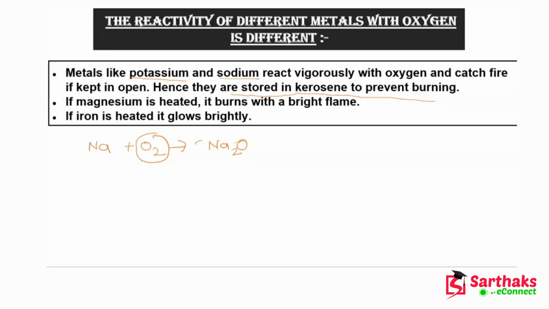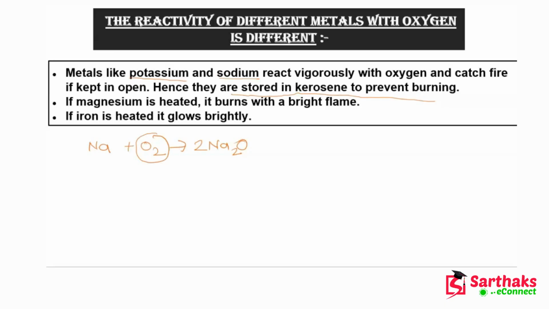So if I multiply here with 2, you can see the number of oxygen on both sides is equal now. But the number of sodium is not balanced. Why? Because the number of sodium atoms here is 2, but here only one sodium atom is present.